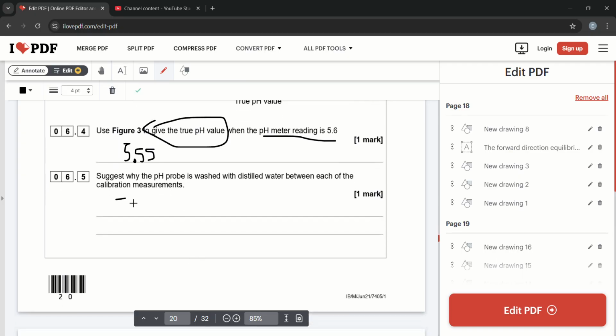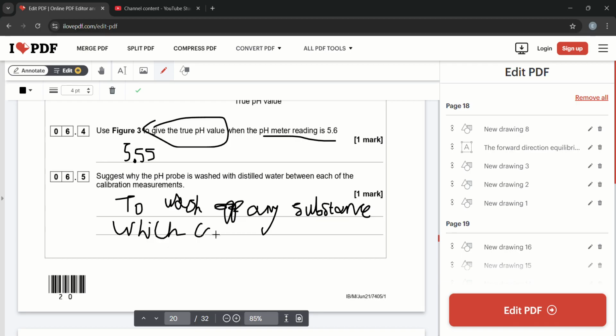Well, to wash off any substance which could interfere with the reading.